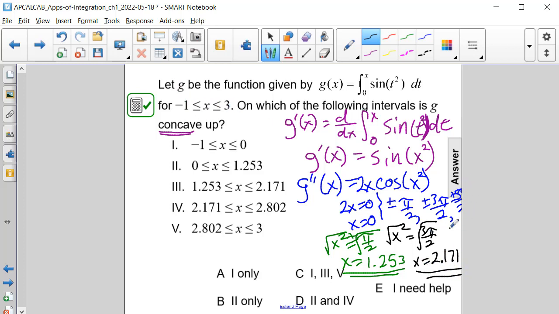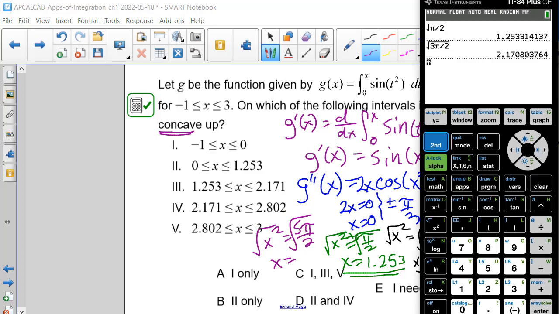Let's also try 5 pi over 2 and set x squared equal to 5 pi over 2. And when we do that and we square root both sides, x will be square root of 5 pi divided by 2. And that's all within our radicand, so we're fine there. If we press equals, we do get a value that's less than 3. So it is still within our domain.